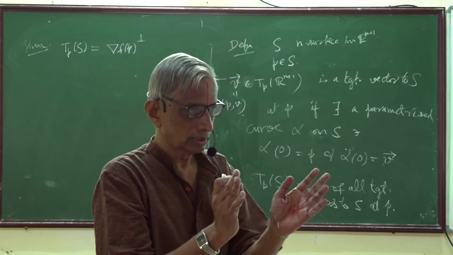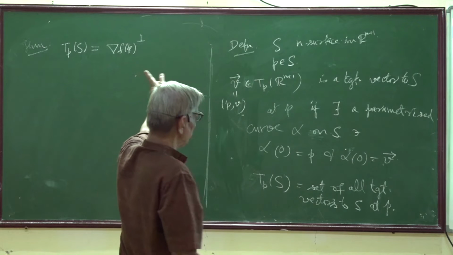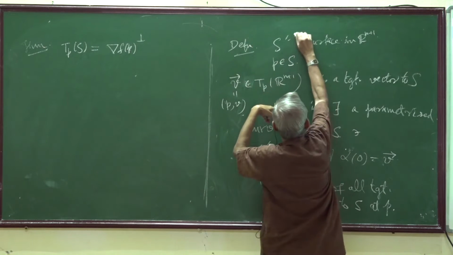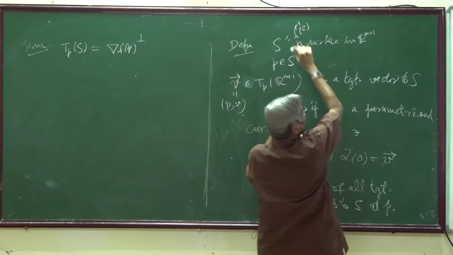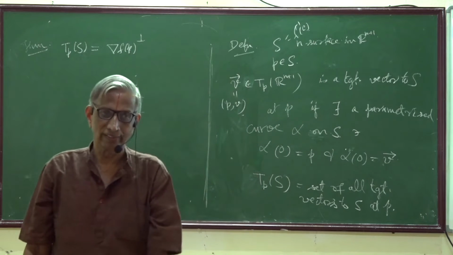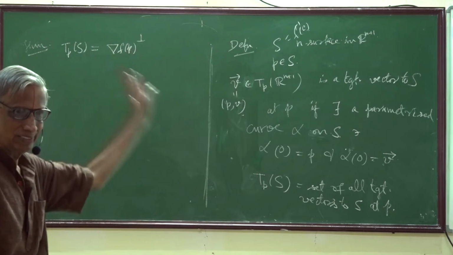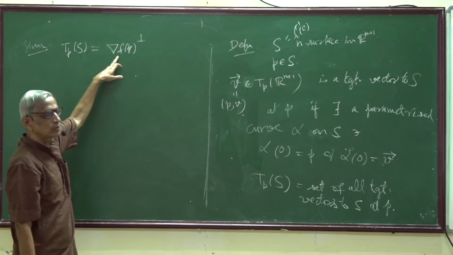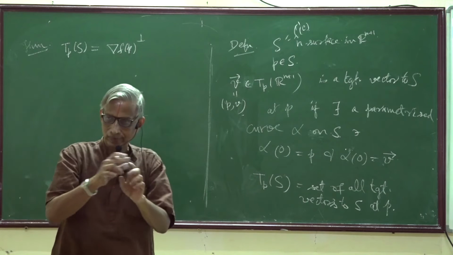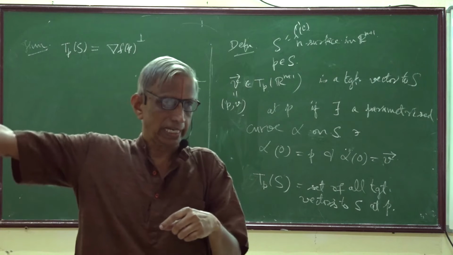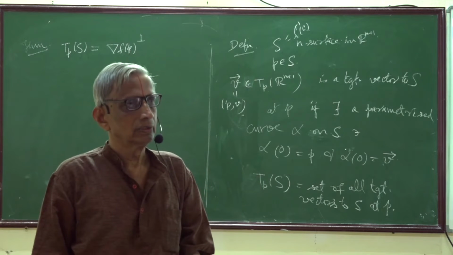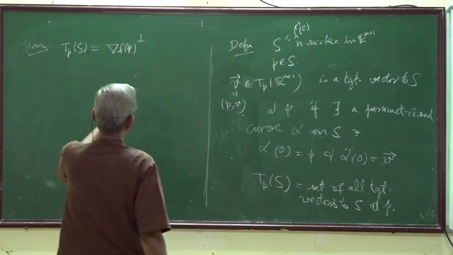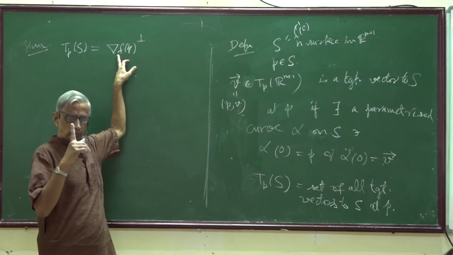The gradient is what? What is F? From the definition of S, S is the level surface of the smooth function F. So F is not mentioned, it's always like that. So the level surface is given by the function. So the gradient of F is just the partial derivatives, right? Del 1 F at P, ..., del n F at P, the vector. So at least one of the partial derivatives is not zero by the definition of regularity. So this is a one-dimensional space, right?